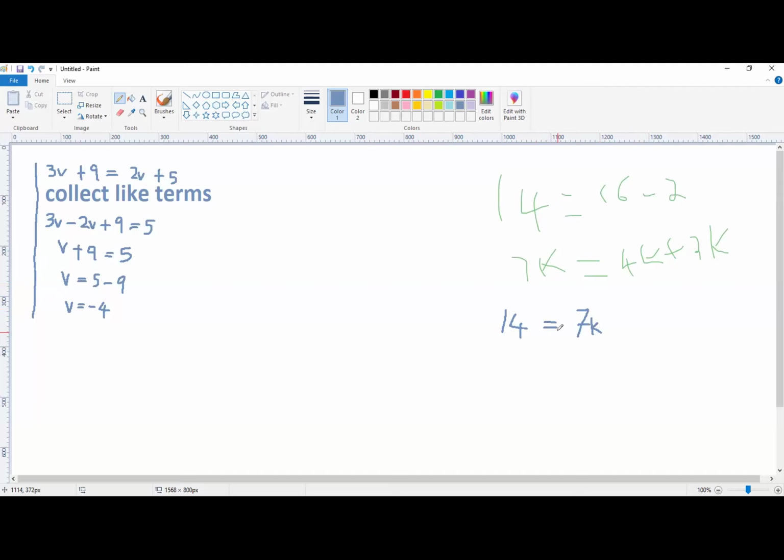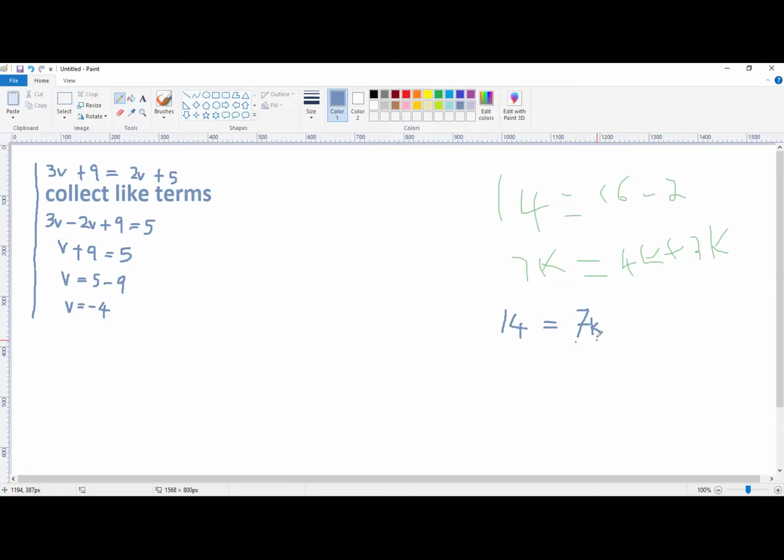But how do we establish that in our working? This is another principle. Anytime you have a number multiplying the letter, we are always doing the opposite. So what's the opposite of multiplication? That would be what?